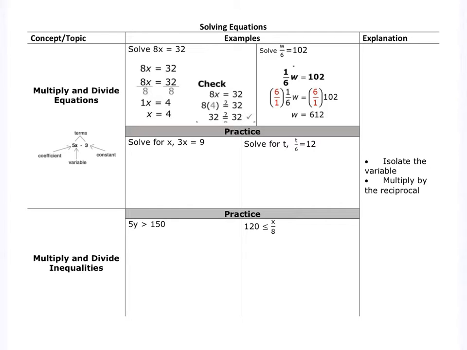If we understand now that those two things mean the same thing, it'll make it easier on us later on. If you look at the examples that were already completed, you can see that 8x equals 32. One way we could do that is to divide by 8. We're isolating the variable by doing the opposite operation, the inverse operation. But we could also take this same problem and represent it as a fraction by putting 8 over 1 and multiplying by 1/8 to isolate the variable, as you can see in this second example.